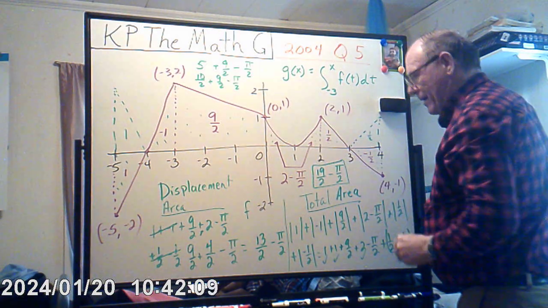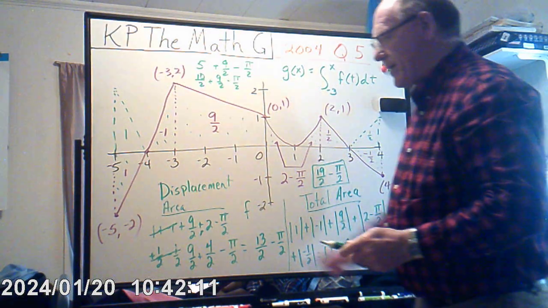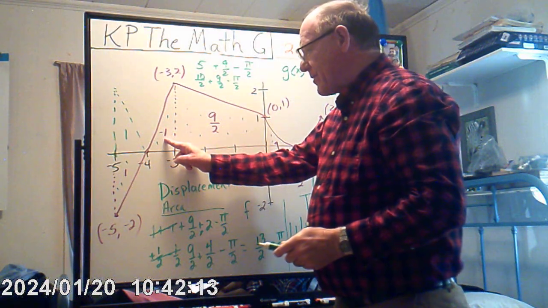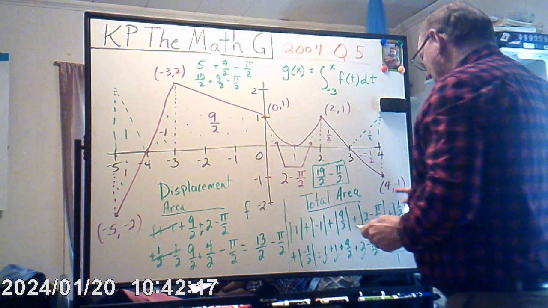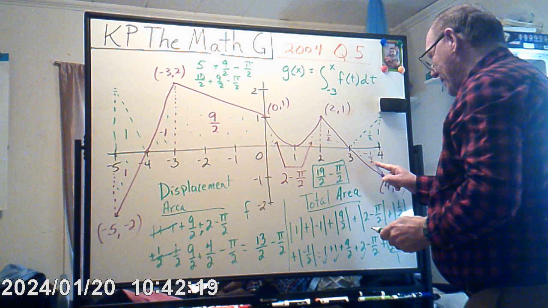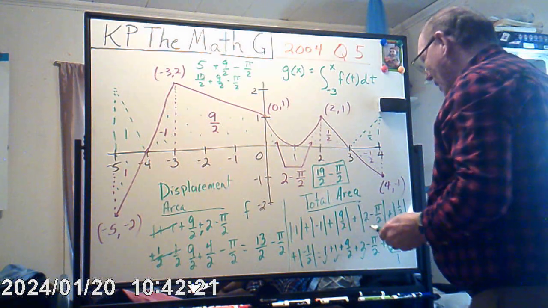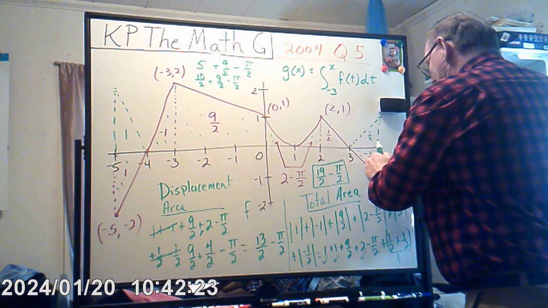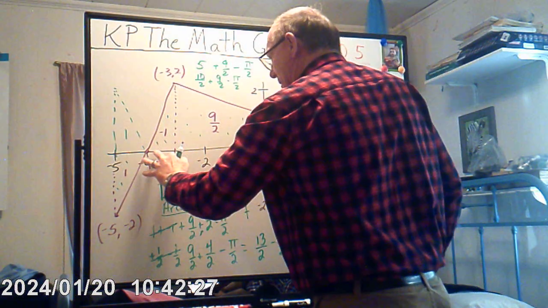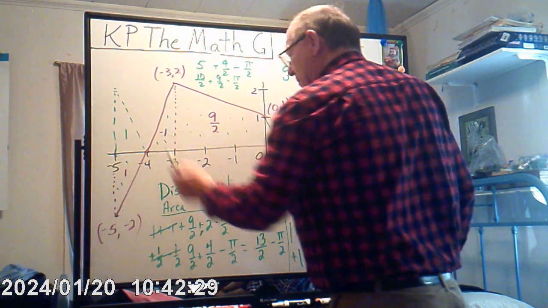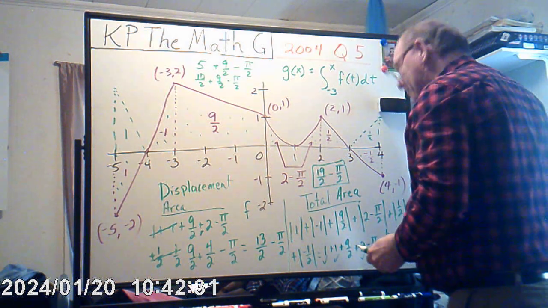The difference is that these are now absolute values. This negative 1 is now 1, and this negative 1/2 is now positive, and these do not cancel each other out, and neither do these. So you've added a few more to it.